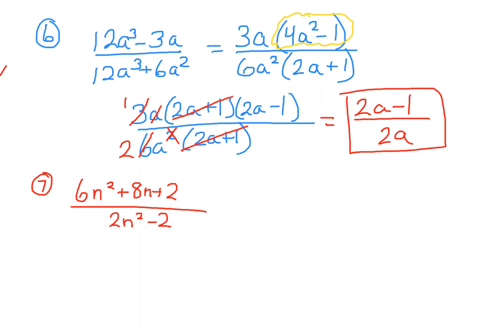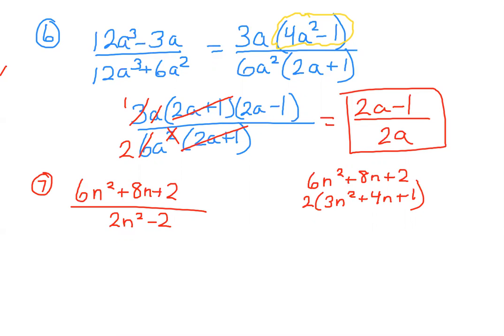I'm actually going to just put it over here because it's going to take us a little time. Let's just deal with the numerator. I'm going to first factor out the greatest common factor, which is a 2. So I get 3n squared plus 4n plus 1. So we've got to factor this now. Now, you can do guess and check if you want. That's how I would probably do it.